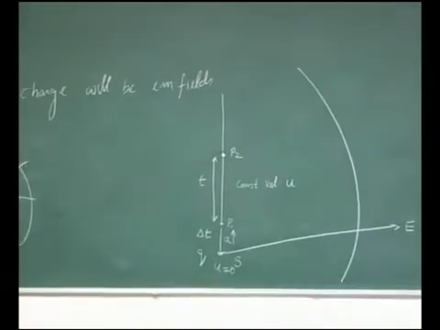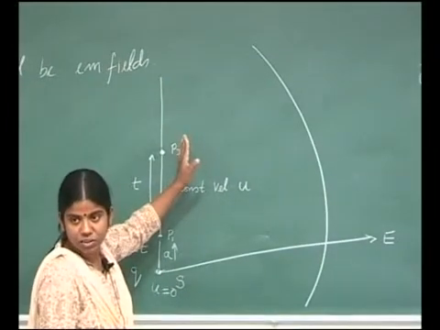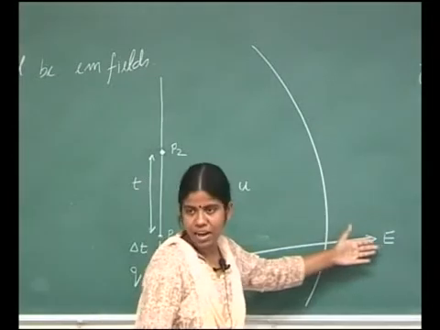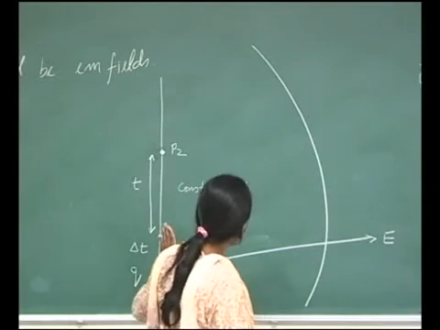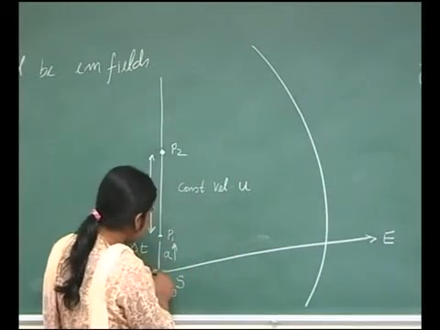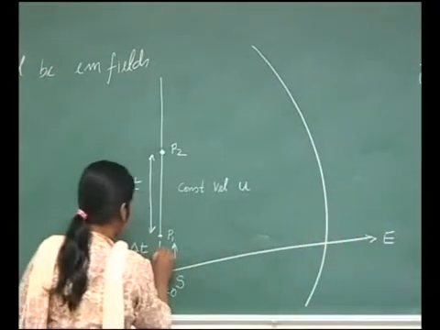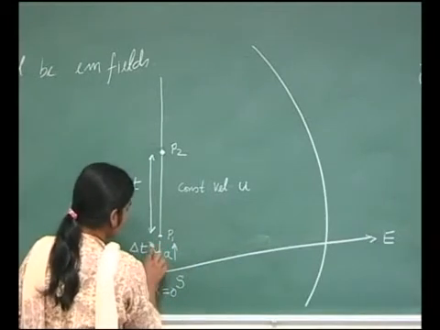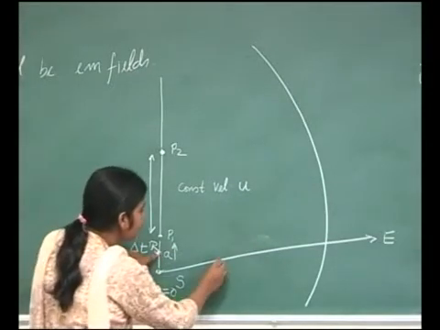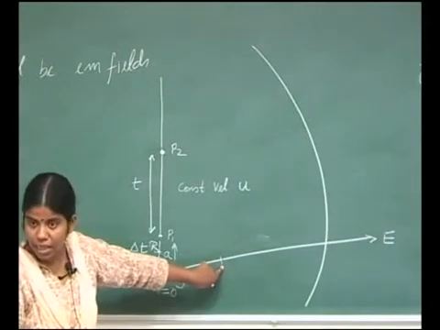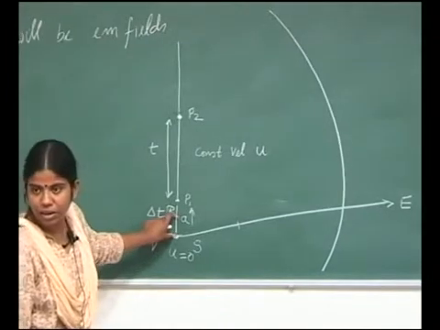Now, you see, if the charge is moving in this direction, the electric field is moving in this direction. If suppose at some intermediate point r, the field would have been here, then the sphere would have been smaller for that small time period.